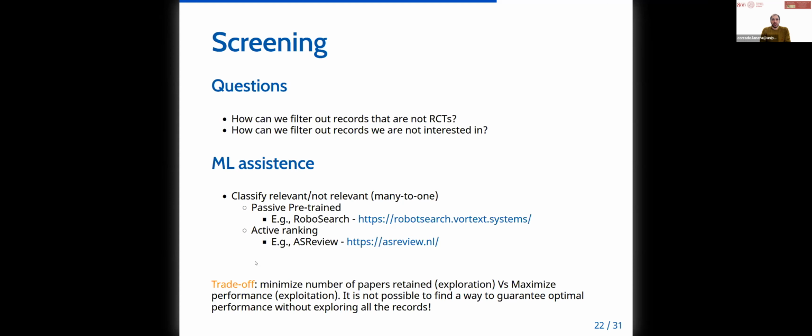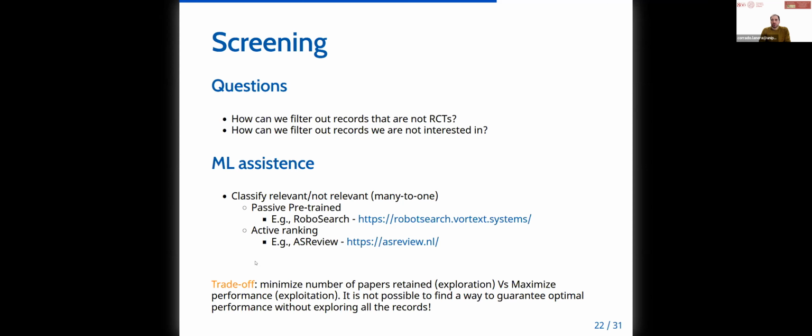And also you have tools with which you can be assisted in an active learning environment, in which you are exposed to the most probable records of interest in the set of records you have retrieved. Clearly this draws a trade-off you have to accept and decide on, because it is proven that you cannot reach the perfect machine, so you cannot be sure to have a perfect result if you don't explore everything you have retrieved.